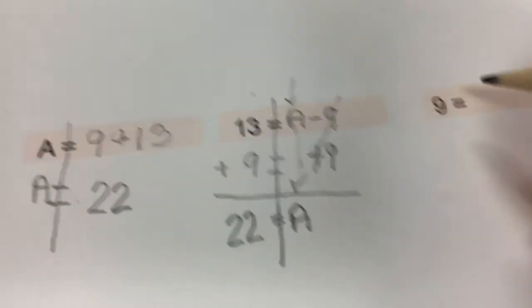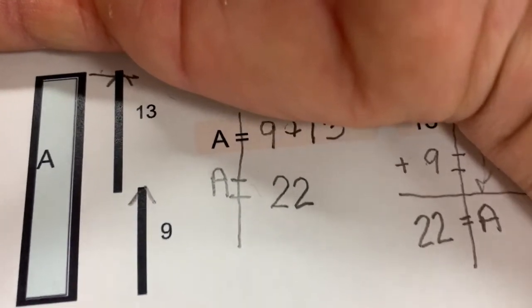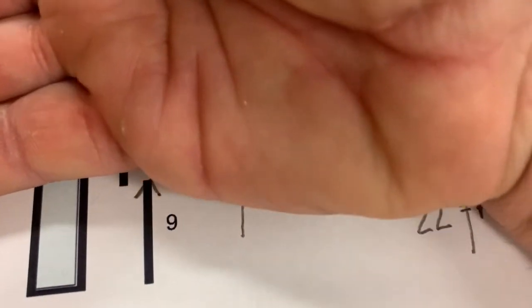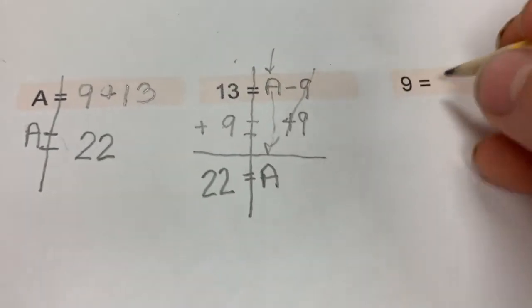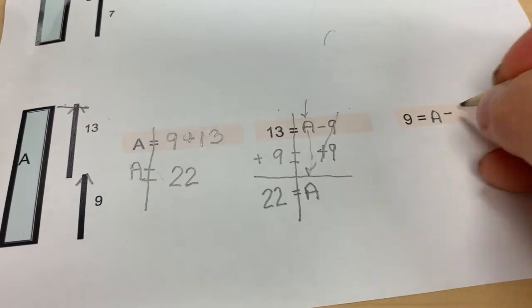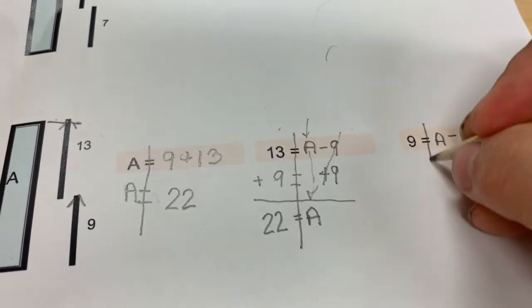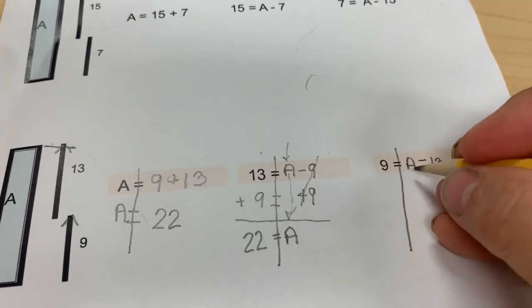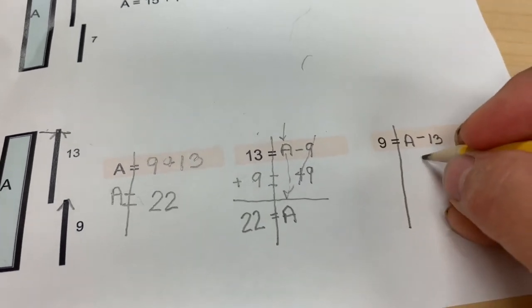We've got 9 equals. How do we get 9? Well, to get 9 alone, I'd have to say, it's all the stuff, and I'll take away 13. And then to solve it, I'll put it back. So I'm going to start with all the stuff, and I'm going to take away 13. Let's solve it to get all the stuff again. All the stuff is having 13 taken away.